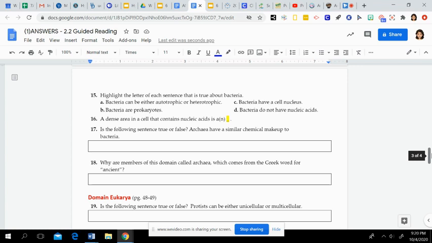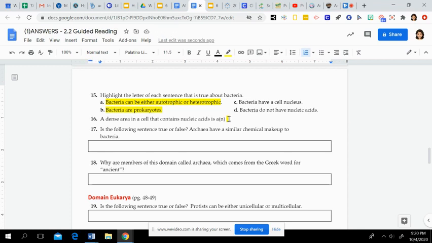Question 15 then, we are highlighting information that is true about bacteria. So bacteria can be either autotrophic or heterotrophic, meaning some bacteria makes its own food and other bacteria eats something else in order to obtain energy. And then the other true statement is that bacteria are prokaryotes. We will get into that definition a little bit later.